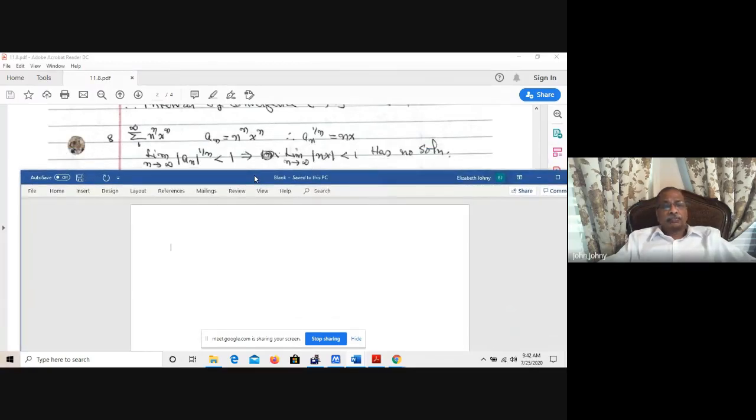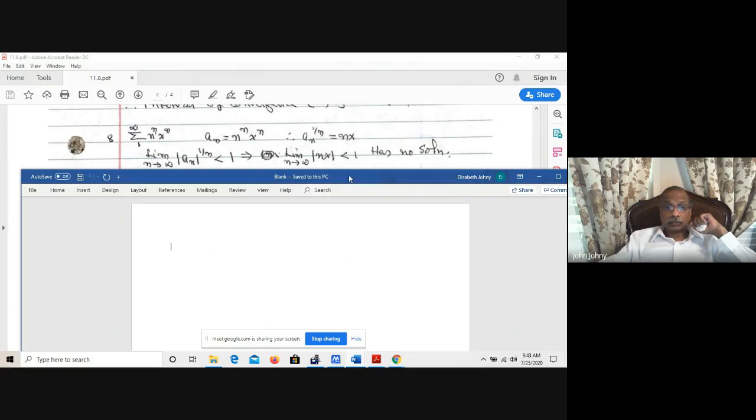The limit as n approaches infinity of the absolute value of an to the power of 1 over n is less than 1 implies the limit as n approaches infinity of the absolute value of nx is less than 1. This inequality has no solution because n is infinity, which means the absolute value of infinity times something is infinity, which is not less than 1.